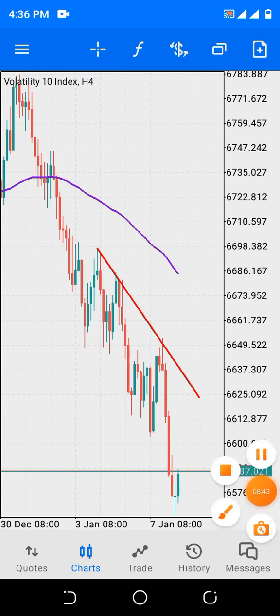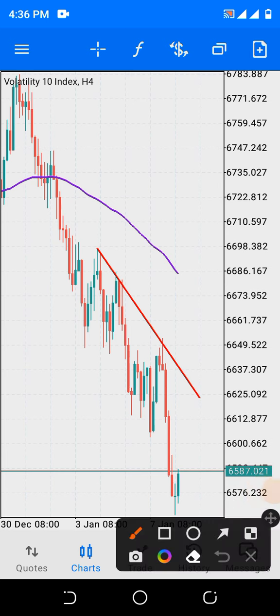Like in this case, you see we extend it, and this particular point is a perfect entry for us at the third touch, which is here. This is our perfect entry.